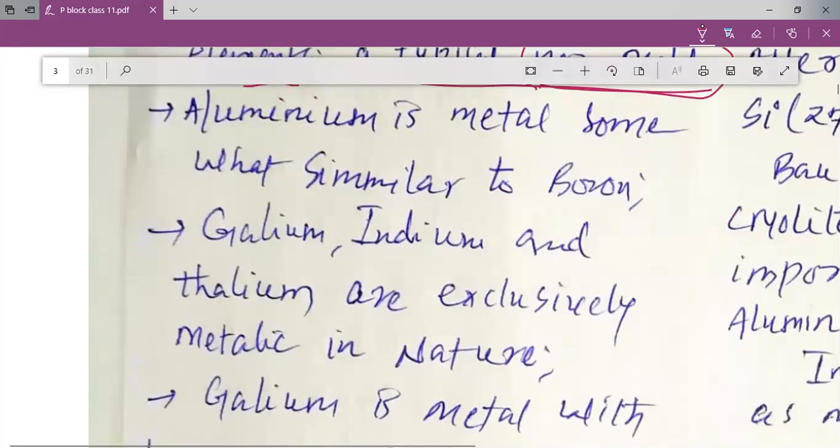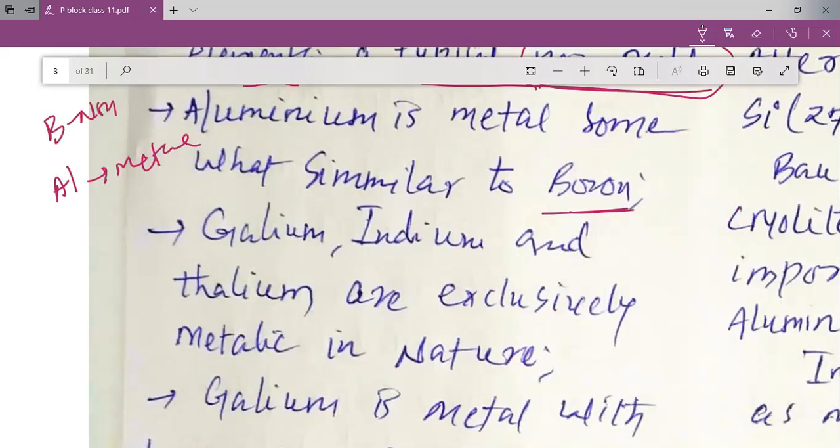Aluminium is a metal somewhat similar to boron. So aluminium is a metal and it is very similar to boron. Aluminium is a metal, boron is a non-metal, and still boron and aluminium are somewhat similar to each other.